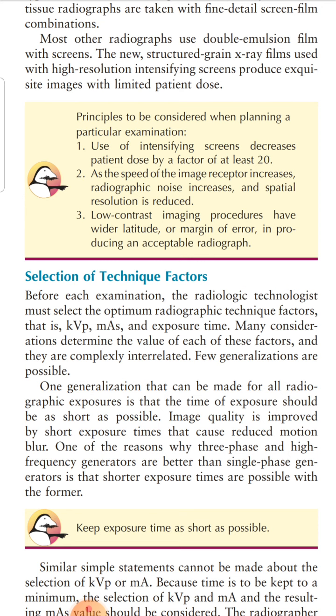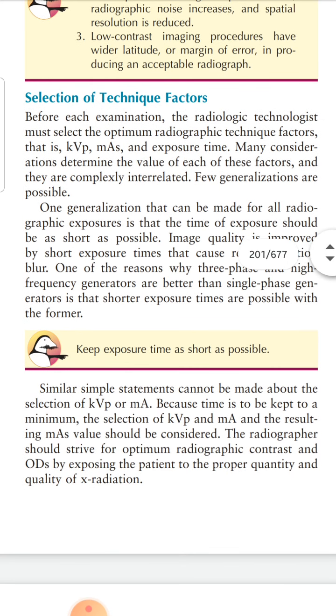So for that we use the high frequency generators and the 3-phase generators, and they are better than the single phase generators because they provide us shorter exposure times. So the first point that we learned in the selection of the technique factors is that we need to keep the exposure time as short as possible.